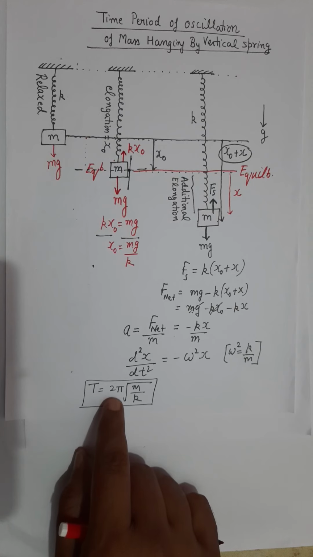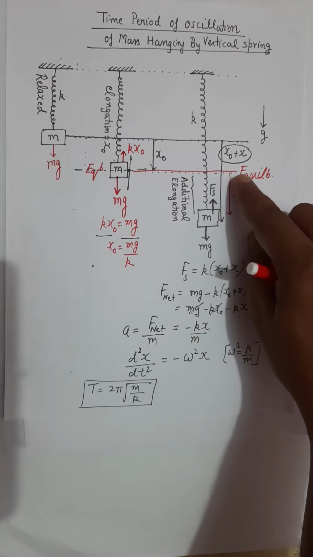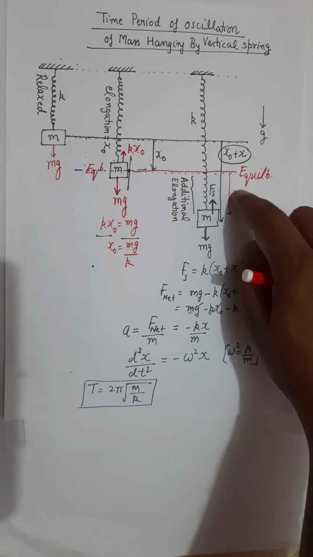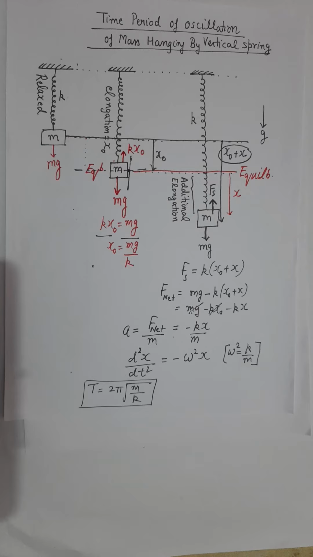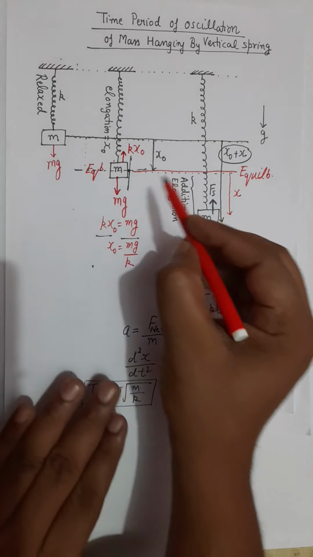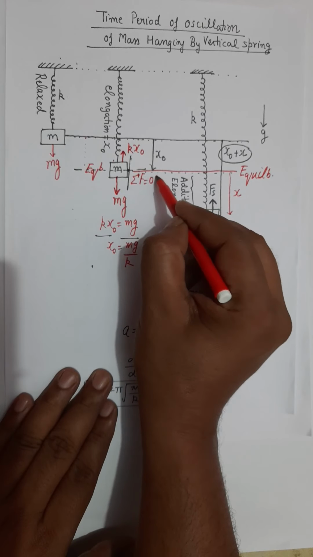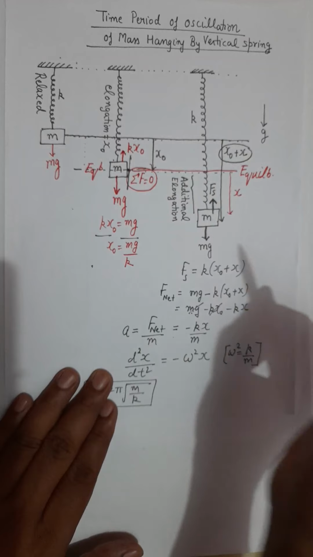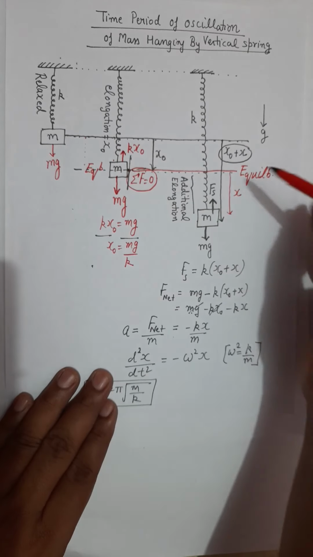The only thing which matters for the calculation of time period is, when you move the block from the equilibrium point, what is the additional force that the block is going to experience. Notice, at the time of equilibrium, the sum of all forces on the block will be 0, which means all the forces are balanced at this point.